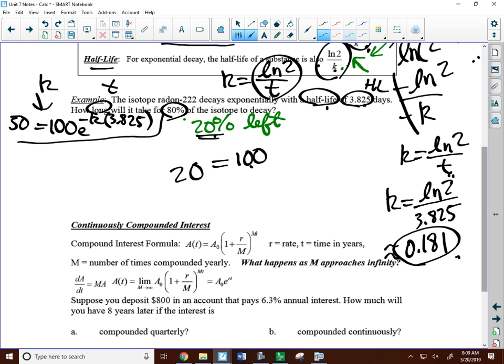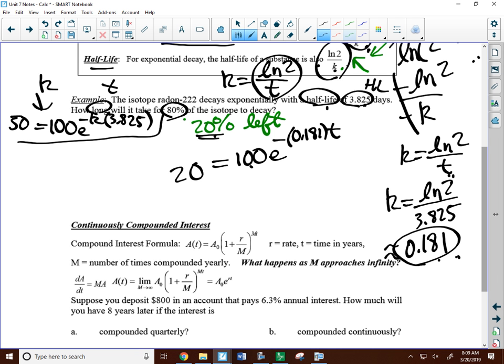I think that's why I choose 100, because then it's easy to compute the 20% left. E to the negative, because it's decay, I put in K, 0.181, and then here's time, and that's what we're solving for.